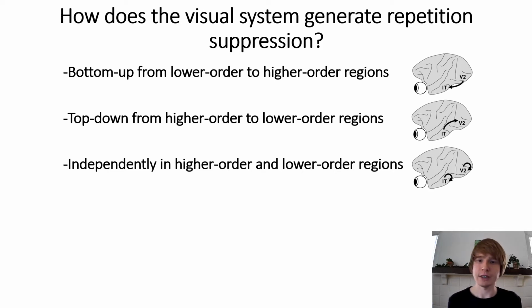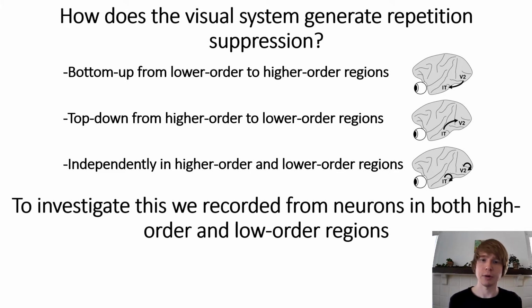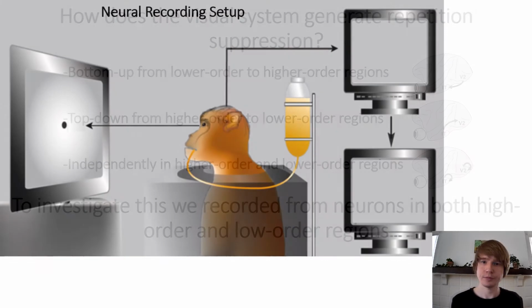To investigate these three accounts of how the visual system generates repetition suppression, we recorded from neurons in both high-order and low-order regions of visual cortex, while macaque monkeys viewed sequences of images.